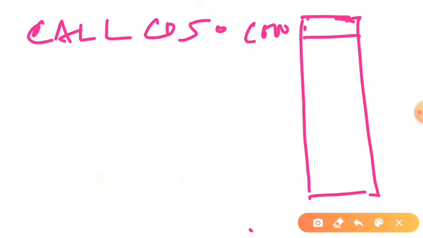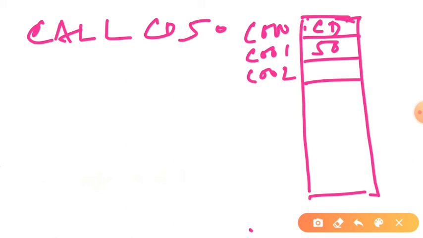Here we must store the hex code of the call instruction. The hex code or opcode of the call instruction is CD. Then in the next memory location C001, we must write 50, the lower order byte of the target memory address, and then in the next memory location C002, we must write the higher order byte C0.